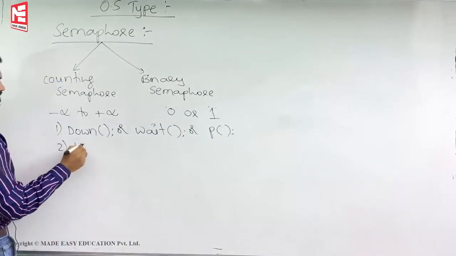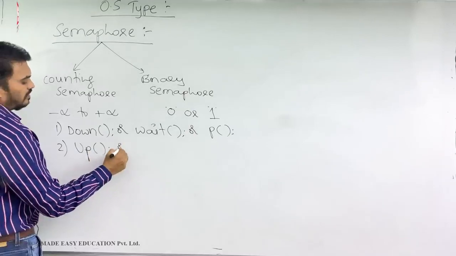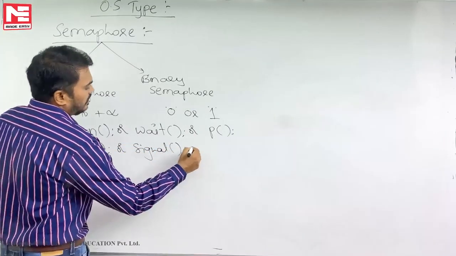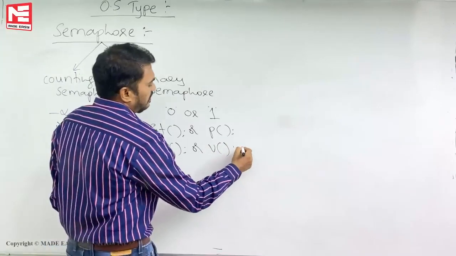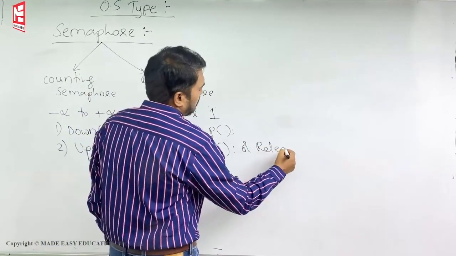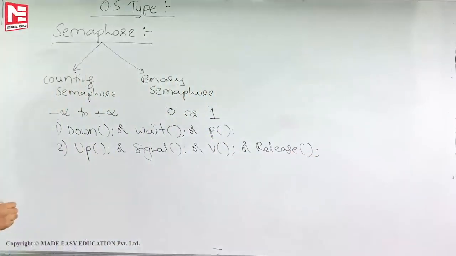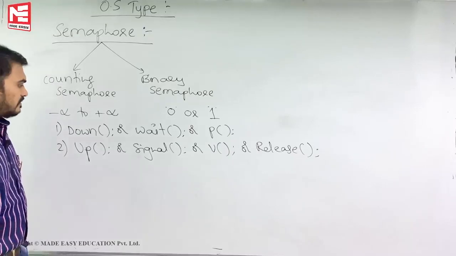And the second one next is the up operation. Up is also called a signal operation or V operation, or sometimes it is also called a release. So the meaning of all of these is the same only.